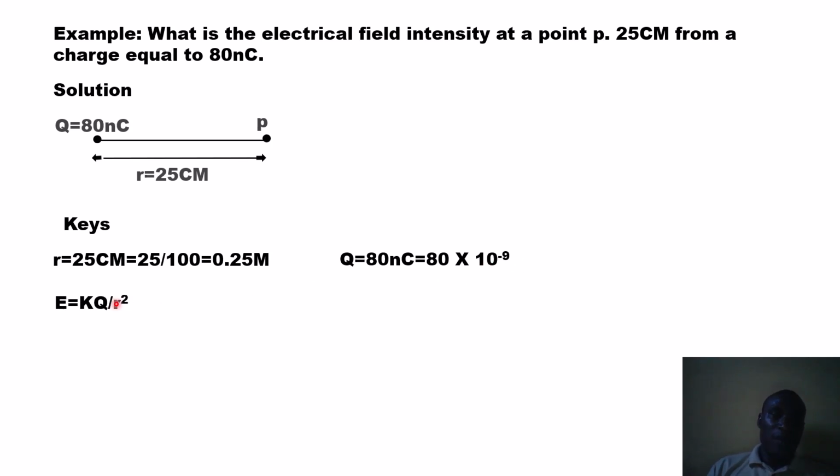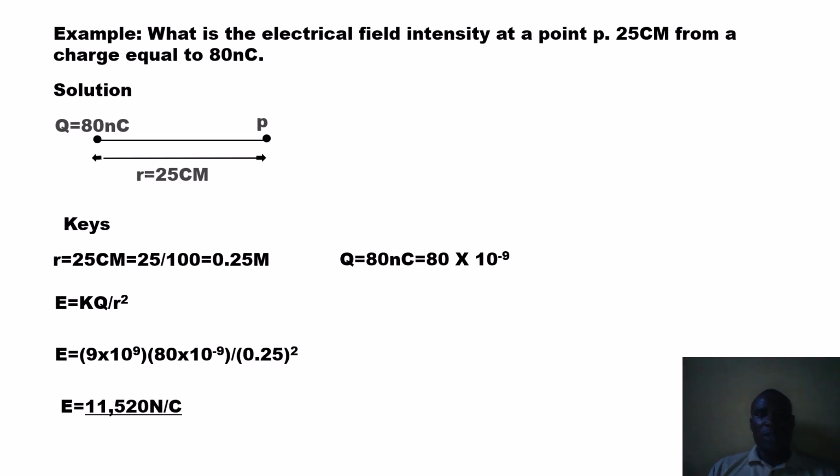Then the formula we are going to use is E equals K Q over r squared, where K is the constant. Our Q is this, while our r is this one. When you punch everything together, you are going to get 11,520 Newton per coulomb. I believe we understand that.